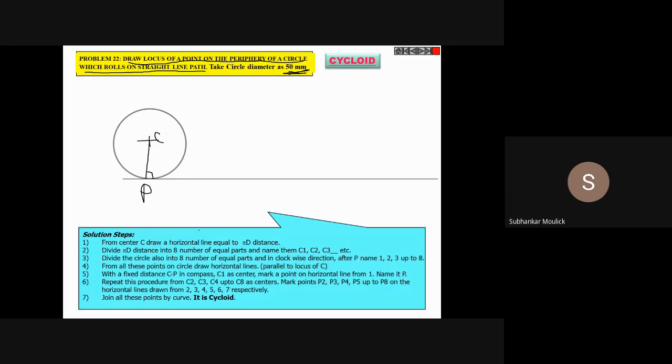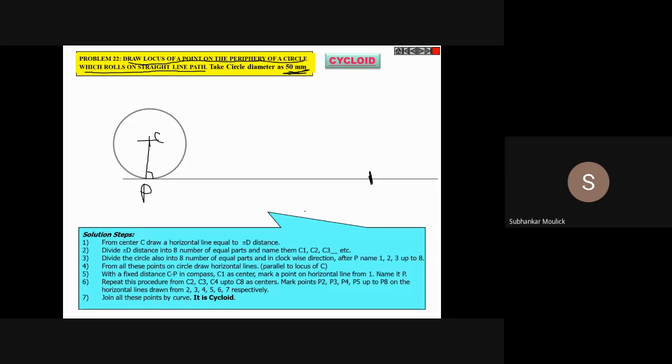Why? Because the circle is revolving for one complete rotation, so the circle is traveling a linear distance of pi d in one go. So the horizontal length of this line will be pi into d, 22 by 7 into 50, whatever value comes. Say that value is 125 mm, and say this is that point.